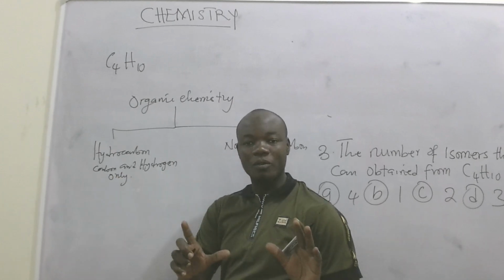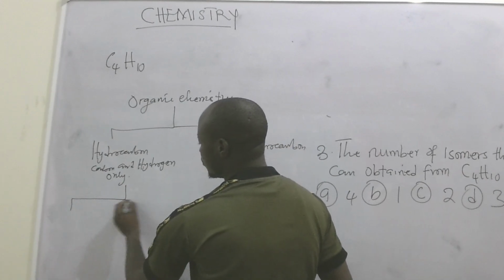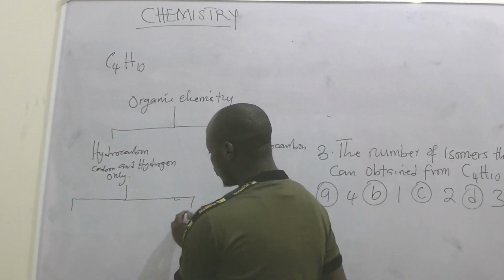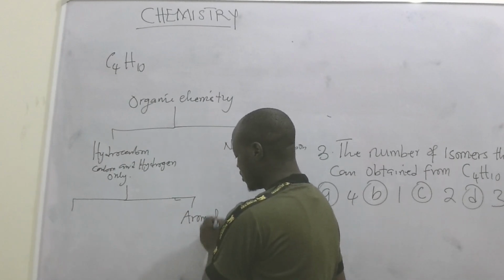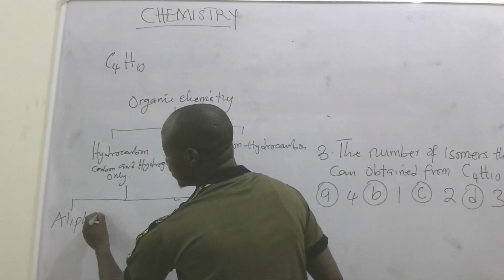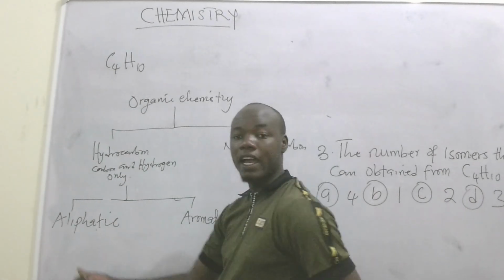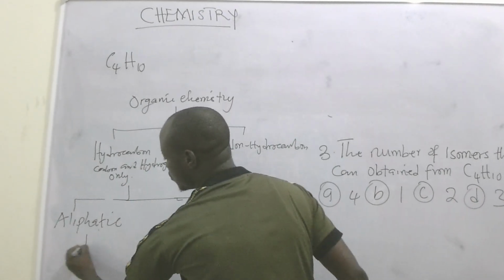Within the hydrocarbon, it is also divided into two. We have aromatic and aliphatic. And the aliphatic itself is divided into two.